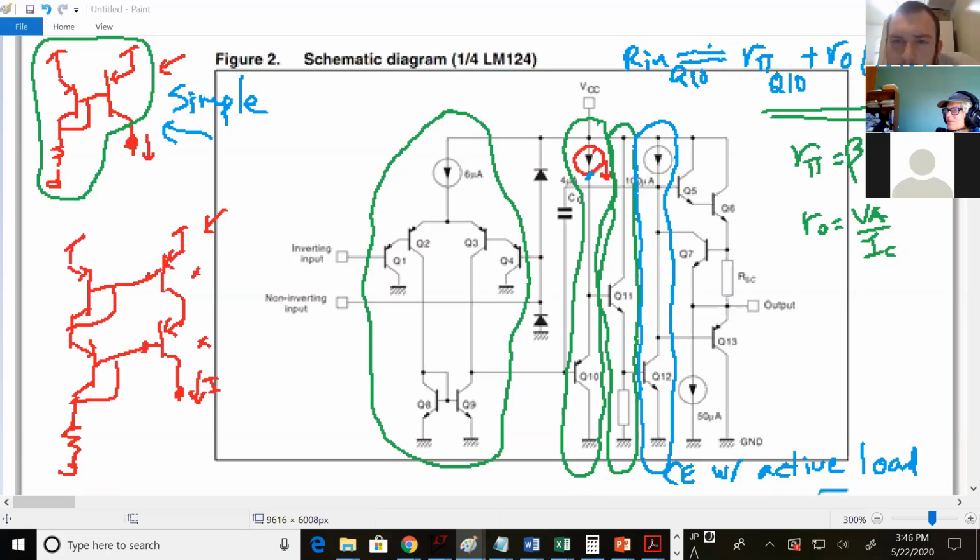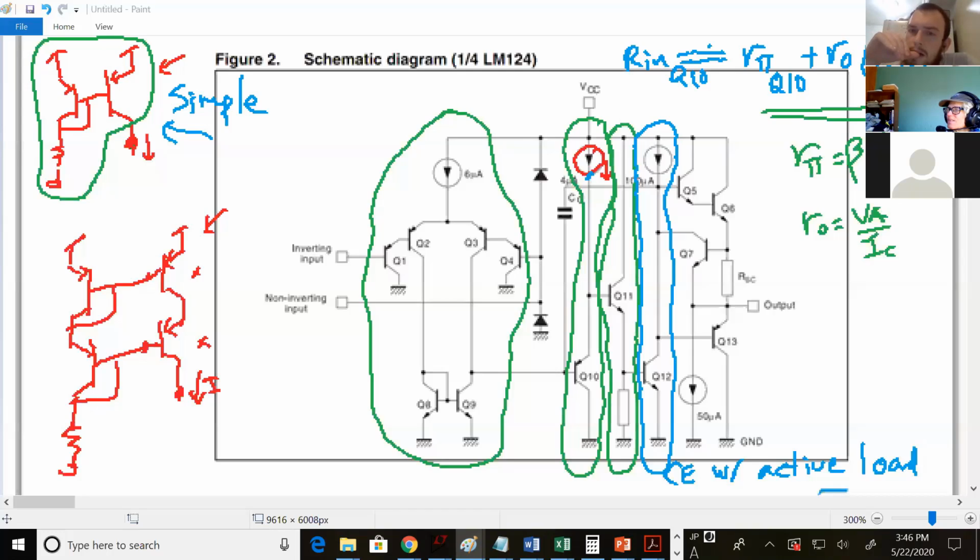Well, I was gonna say somewhere there, I think I could be wrong, but I think that somehow creates a push-pull output stage. I'm not exactly sure where to consider that to start, whether that's only Q6 and Q13 or if that includes all 4 of those.